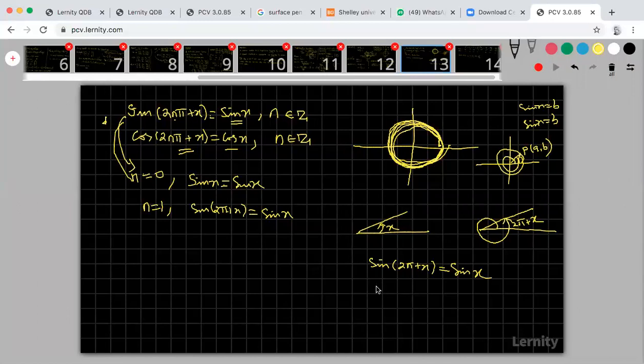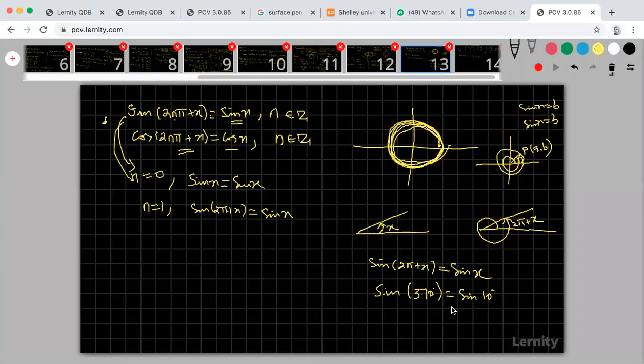Please try to understand. This will help you to understand easily. Sine of 370 degrees is nothing but sine 10 degrees. Sine 360 is one complete revolution, leave that. The remaining is sine 10.